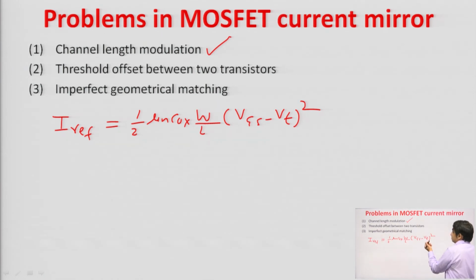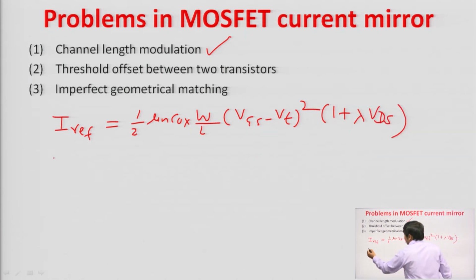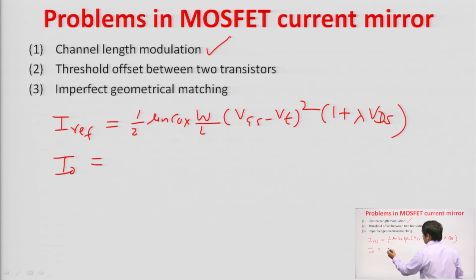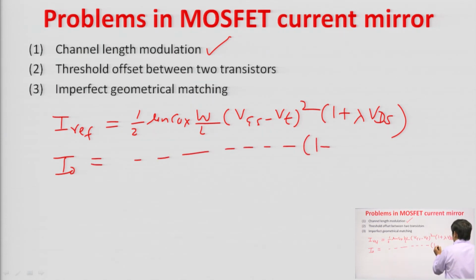When we take this channel length modulation into account, we multiply with one more term, that is (1 plus lambda Vds). Similarly, we can write the output current equation, the same thing, (1 plus lambda Vds). So, it means that the Vds of both the transistors Q1 and Q2 should be same.